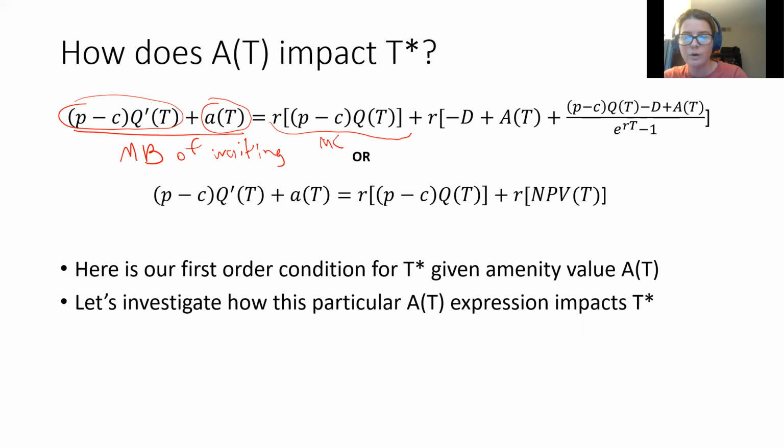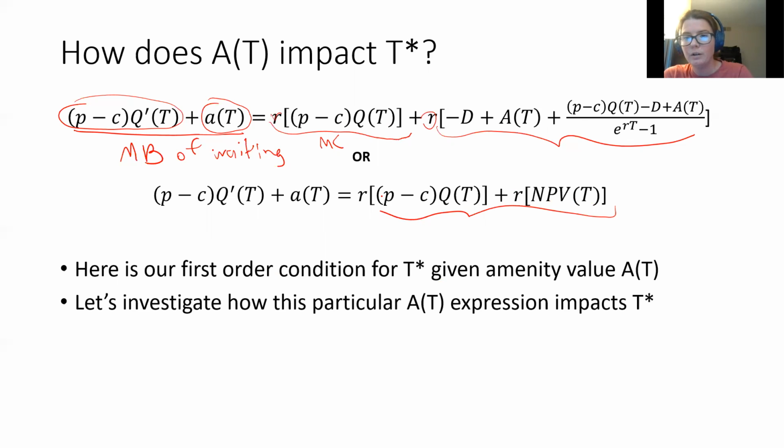Our marginal cost of waiting is that if we harvested now and invested our revenue from the timber harvest at rate R, we could get this little additional amount of revenue. And if we harvested now, we could also just sell the land for its net present value, which is what this term is, and get that interest rate R as well. So that's just a repetition of the first order condition that we've been talking about for this whole module.